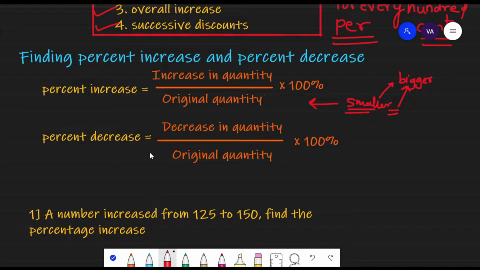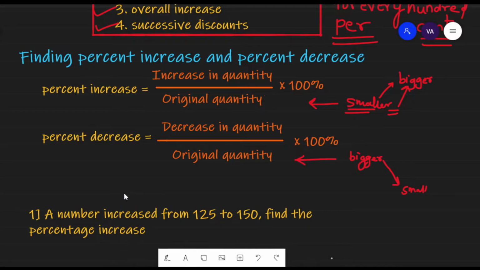And in percent decrease, the original quantity will always be the bigger value of the two, because the decrease will always take place from a bigger value to a smaller value. So you have to keep in mind that the original quantity differs when there is a percent increase and when there is a percent decrease.